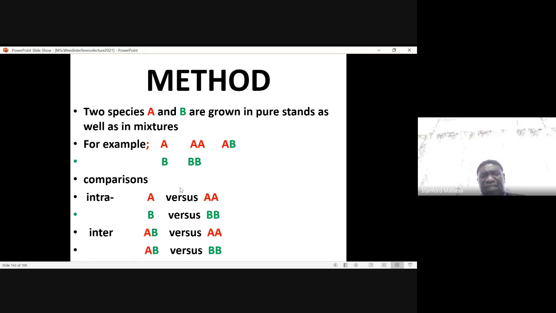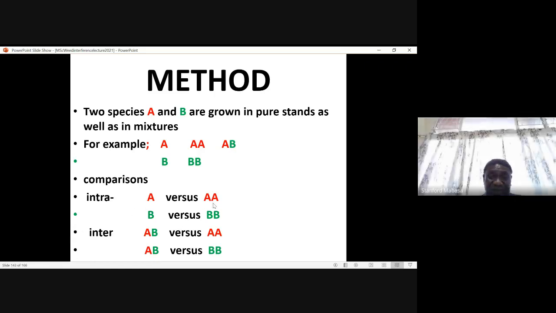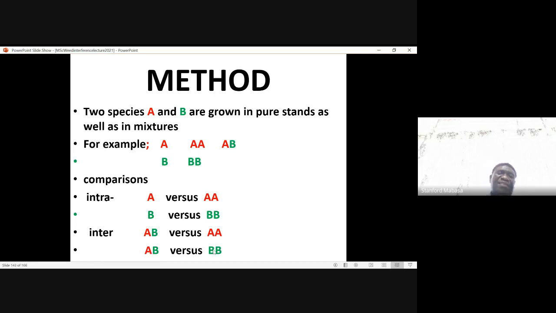Then you can now detect intra-specific competition by simply comparing A on its own and when it is doubled, B on its own and when it is doubled. As for inter-specific competition, you can now use a combination of AB compared with AA or AB versus BB.